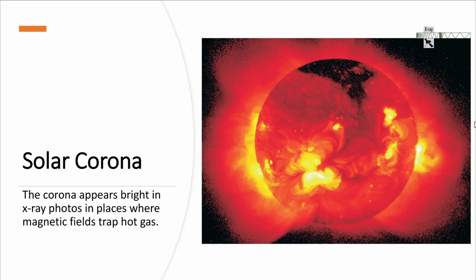And if you look at it in X-rays, it's very bright, and that's because all of that material coming off of the surface of the sun is getting trapped within the corona, and it has a very high temperature, and so you get these X-ray emissions from that hot gas.